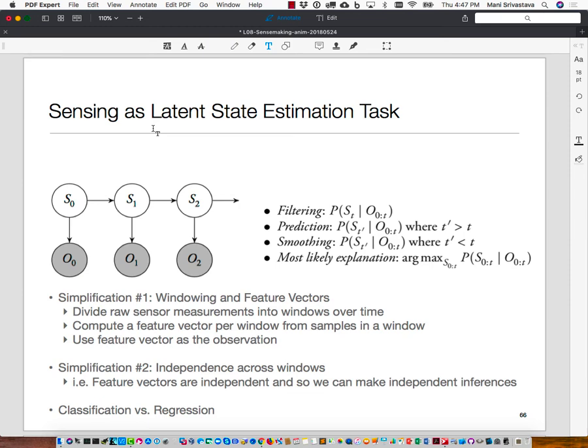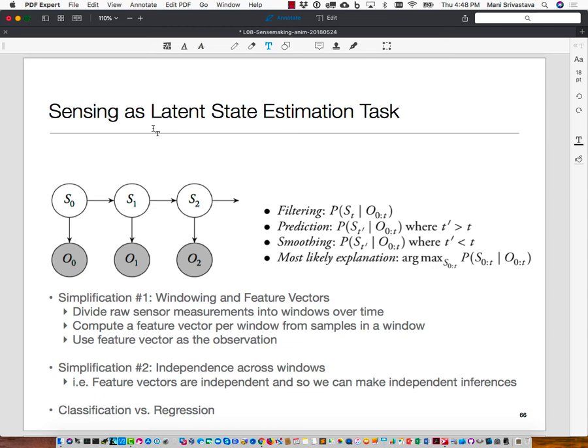So that's called smoothing. And then finally, most likely explanation, which is basically saying, given all the observations I have, what was the sequence of states that happened? You can think of that sequence of states like a sentence, or a longer activity. With these observations, was the most likely explanation that I vacuumed my home?